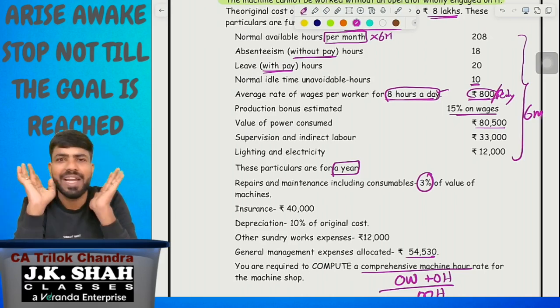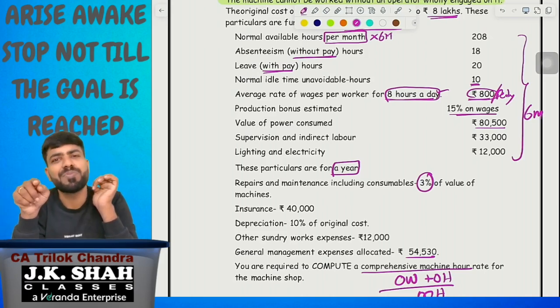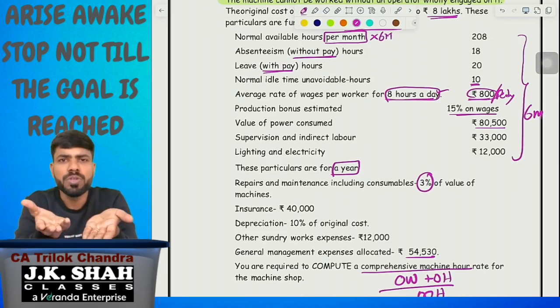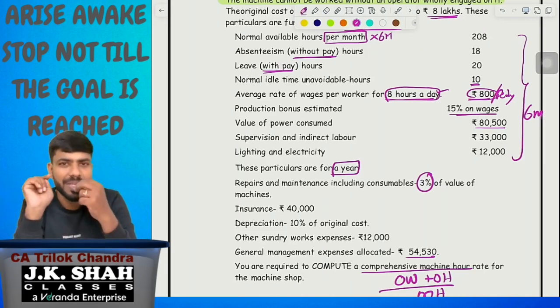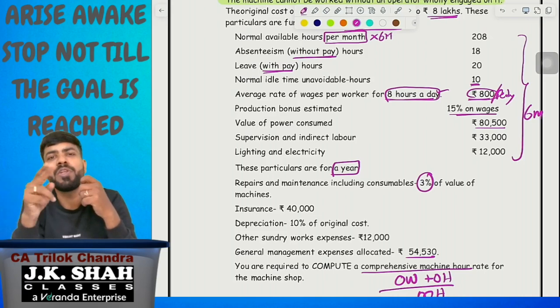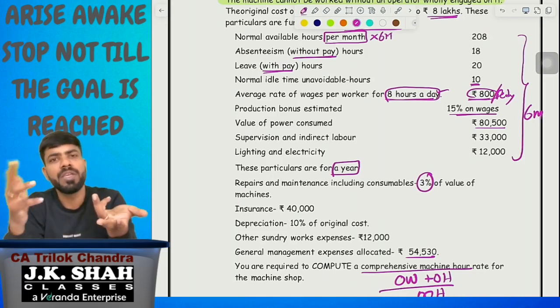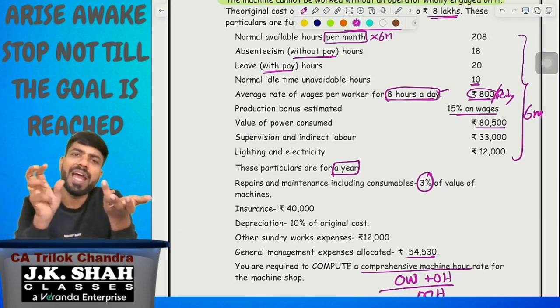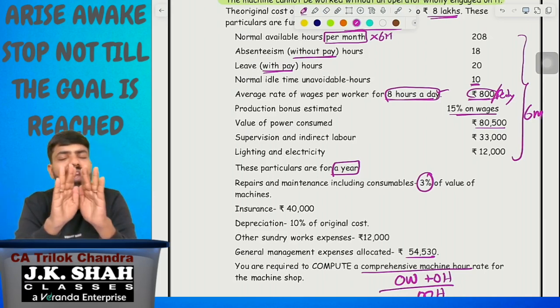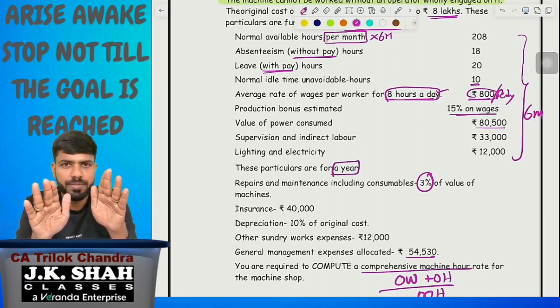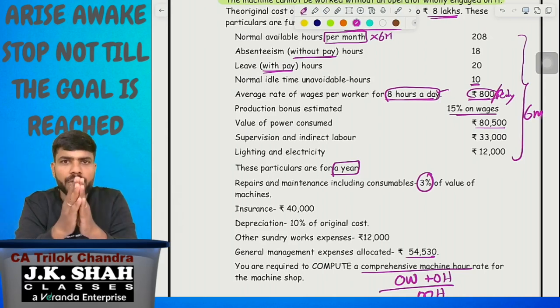Here they have taken 6 months time, and I don't want to confuse you, so I am solving this question by taking 6 months. Just multiply by 2 to convert into per annum. Clear?